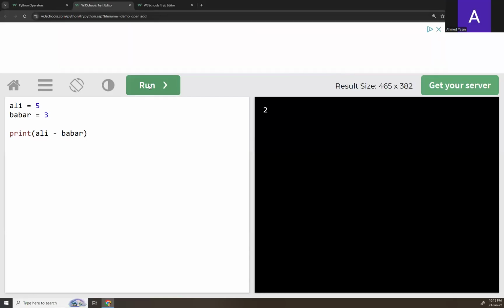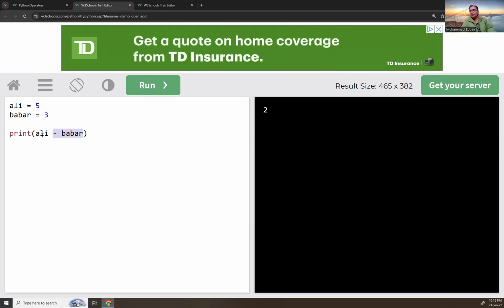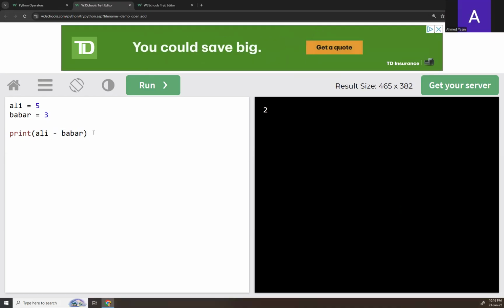Minus 2, that's what I learned. Oh, plus 2, because Ali has 5 and Babar has 3. I think I mixed up the names. We need to subtract Babar from Ali. Okay.